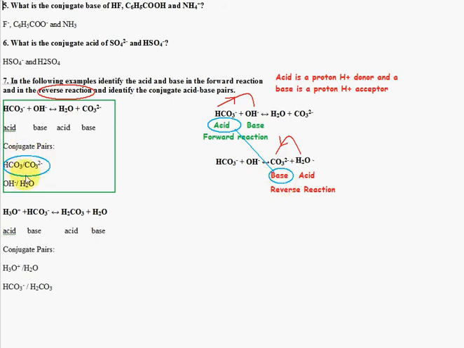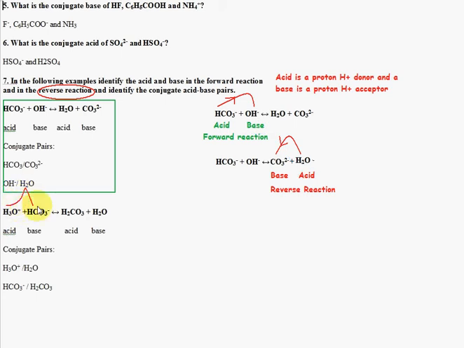The conjugate pair is HCO3 and CO3. And look again, in the forward reaction the OH was a base, but the OH, which had turned into H2O, in the reverse reaction behaves like an acid. So this is an acid-base conjugate pair as well, and I've got that highlighted over here. This is another conjugate pair that we have.